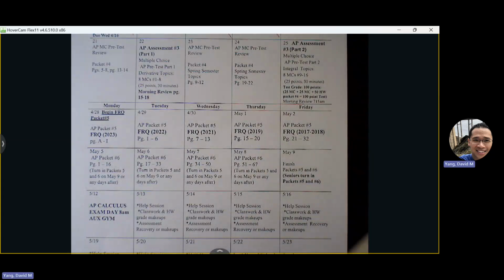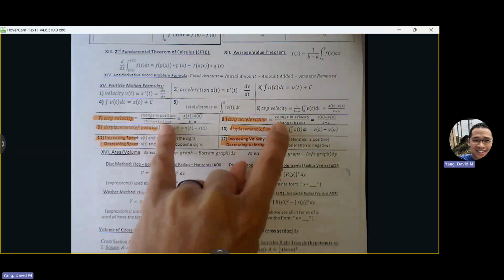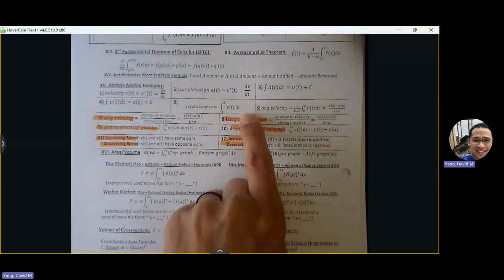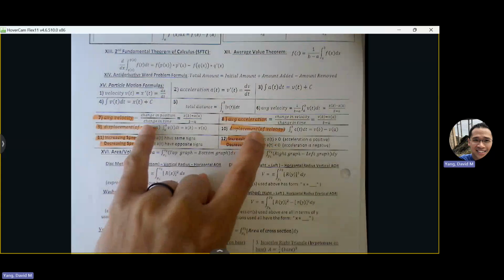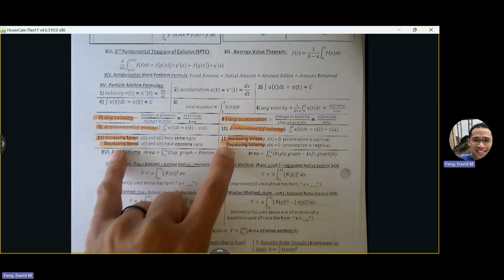And then the second page has more of a mixture. Under particle motion, these are all first semester topics. Average velocity is just the slope of position. Average acceleration is the slope of velocity. Displacement, well, sorry, accidentally, this is our second semester here.